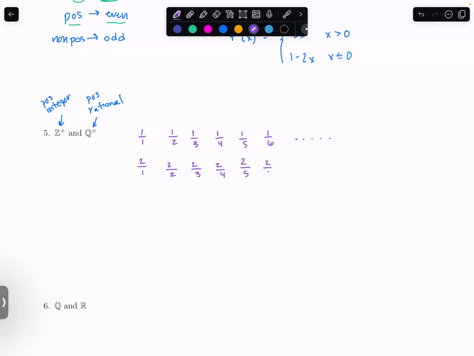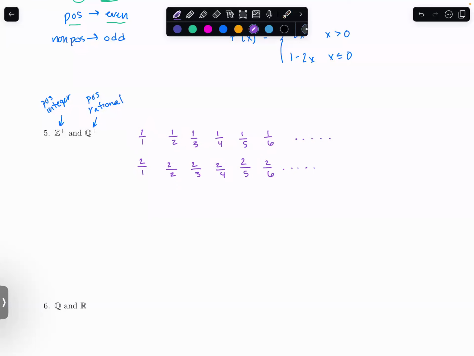Now notice I've hit some rational numbers twice already, right? 1/2 and 2/4 are the same. 1/3 and 2/6 are the same. This is 1, and so is this. So there's going to be some redundancy here. But if I continue this on forever, I will eventually get all positive rational numbers.